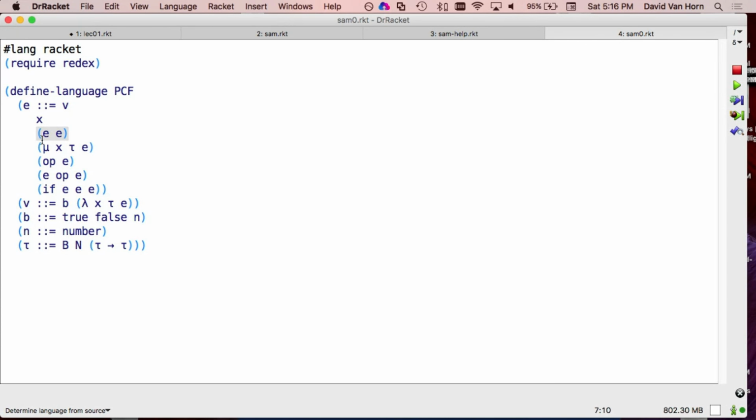Sam left off the parentheses around application and mu and stuff like that, and I have to write them down just because that's how you write things down in this language. This is defining these sets of terms, and we can ask if a term is in the set or not, and it gives us these metavariables like e, v, b, n, and tau that I can pattern match against things.